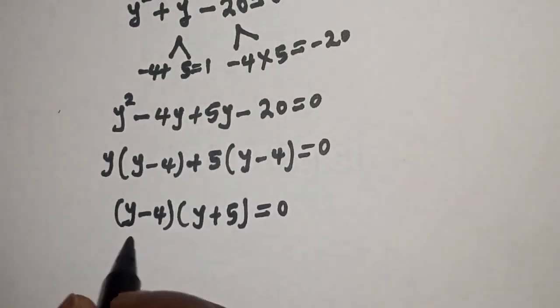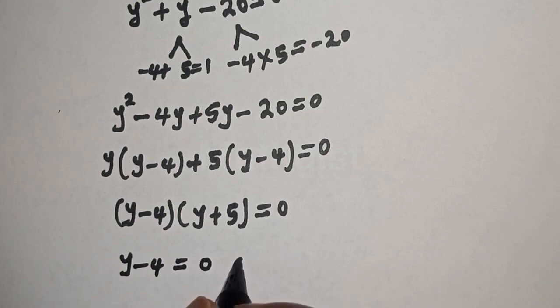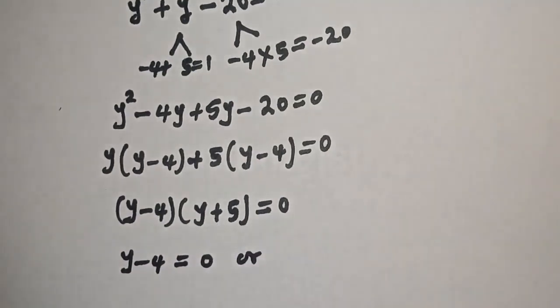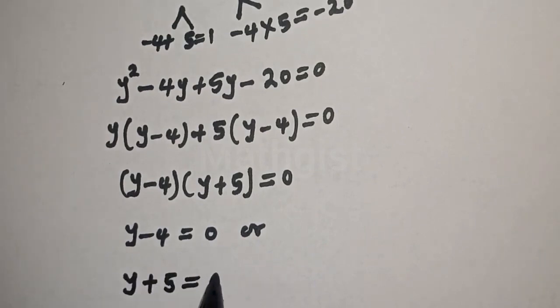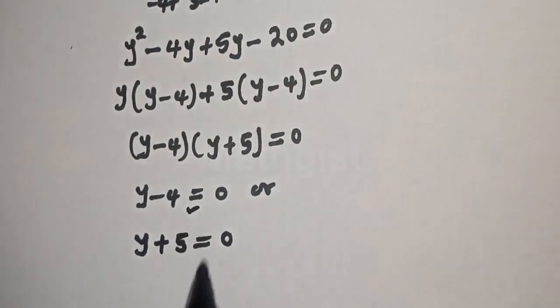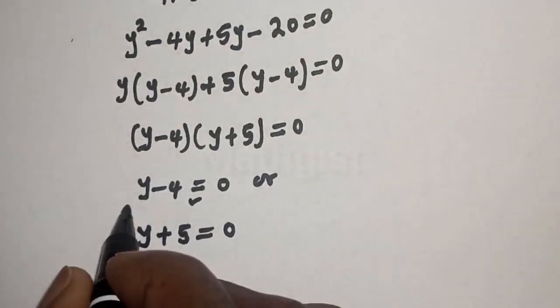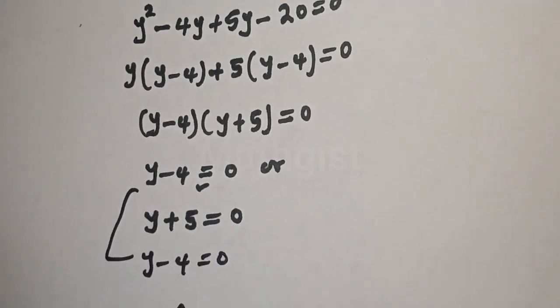Now let's see, there are two cases here. y minus 4 is equal to 0, or from the second case, y plus 5 is equal to 0. Now let's consider this y minus 4. Then y minus 4 is equal to 0.